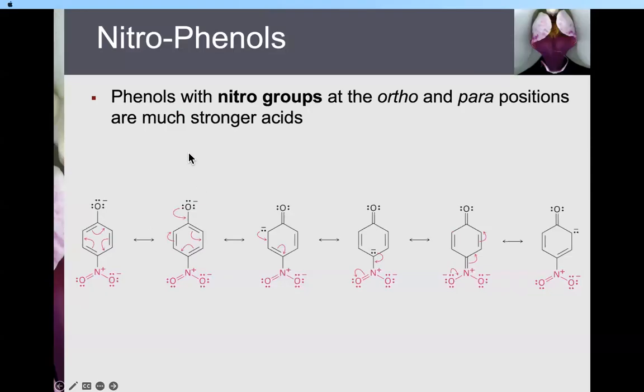Again, phenols with electron withdrawing substituents are more acidic, and phenols with electron donating substituents are less acidic. So for example here, the nitro group, NO2. The acidifying effect of an electron withdrawing substituent is particularly noticeable in nitrophenols, so the nitro group here is electron withdrawing.